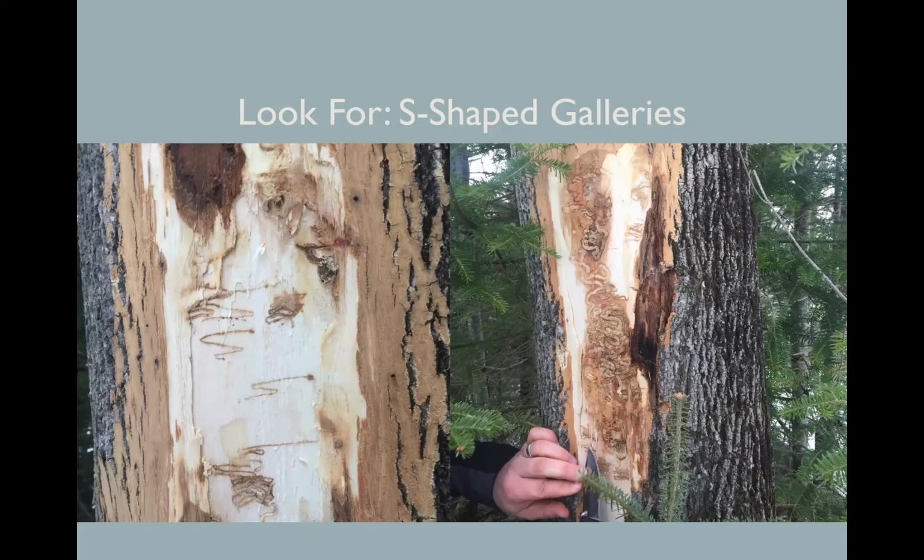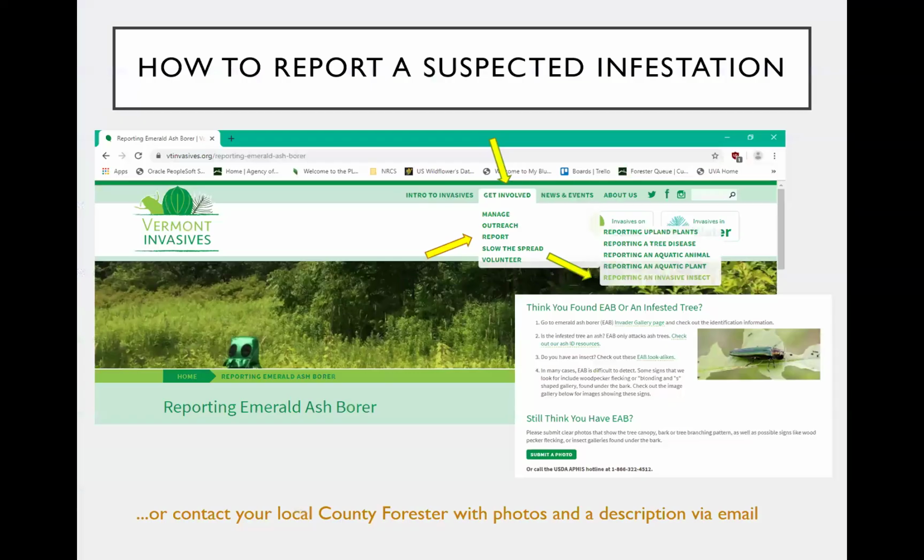So native borers that are in the area and infest these trees don't make these telltale S-shaped galleries. They're more meandering, or they make sort of different patterns under the bark. So emerald ash borer leaves this sign here. And then you can also often find larvae in these galleries.